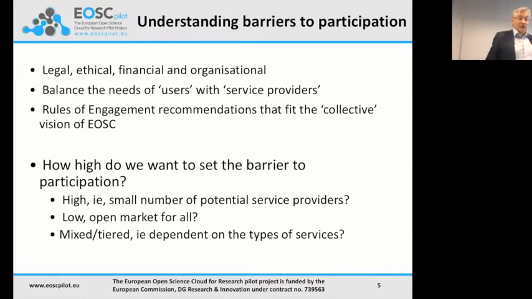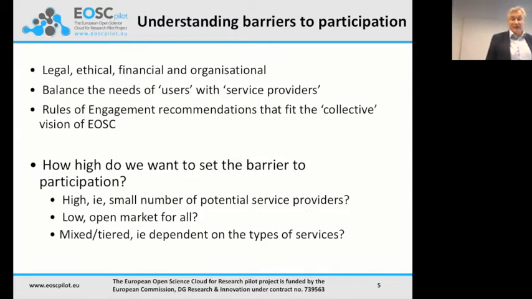The first question that comes up is how high we want to set the barrier to participation. If one sets it high, we get a small number of potential service providers and supposedly also users. If it's low, it is open for everything, and there is a lot of question mark around that too.